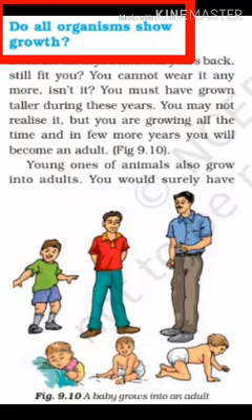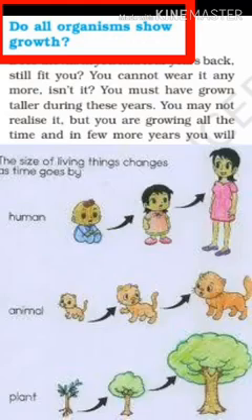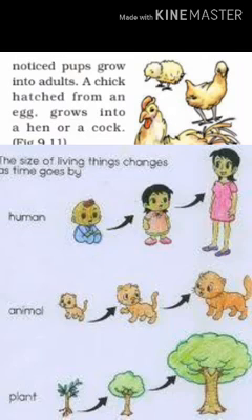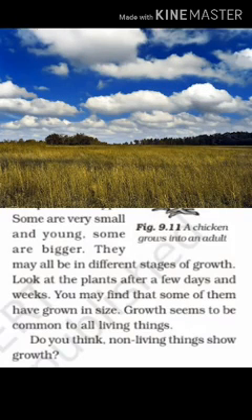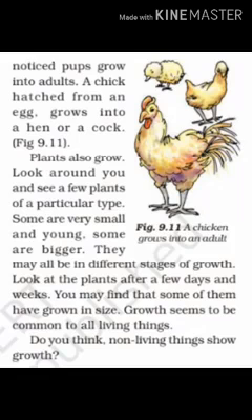Some of the plants grow as big as a banyan tree from a seed itself. Even you are growing. So all living things grow. You might have seen clouds also growing big in size, but they are not living things because they don't show all the characteristics of a living thing.